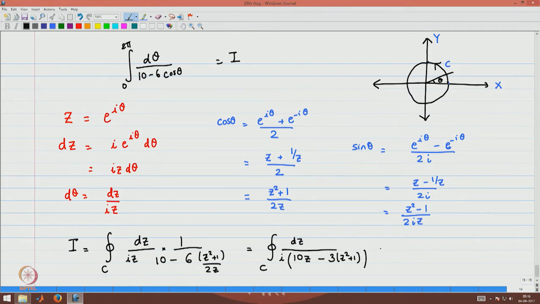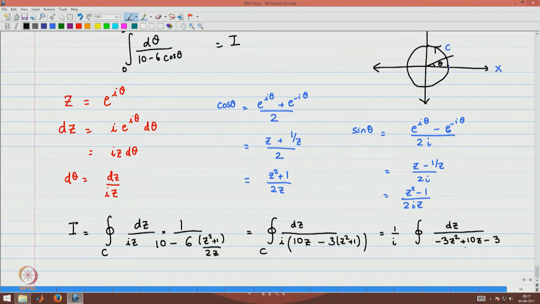I can take the 1 over i outside, and I have a closed integral of dz divided by −3z² + 10z − 3.